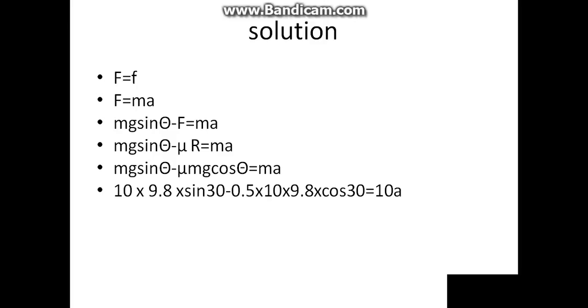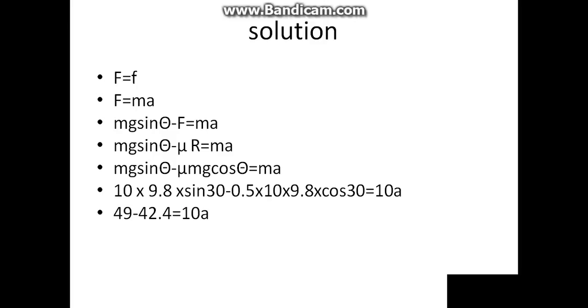Then 10 times 9.8 sin 30 minus 0.5 times 10 times 9.8 cos 30 gives us 10a.